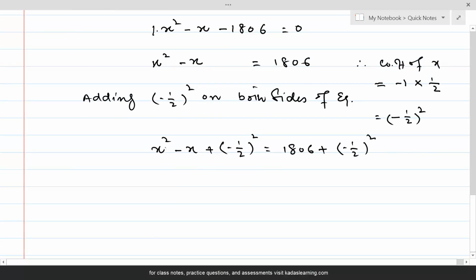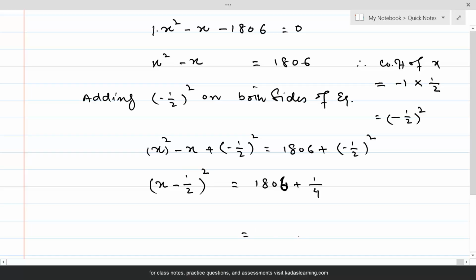And like we learned before, just take a look at both the square terms. One is x, the other one is minus 1 by 2, and their sum is x minus 1 by 2, and the left hand side is the whole square of x minus 1 by 2. This is equal to 1806 plus 1 over 4.